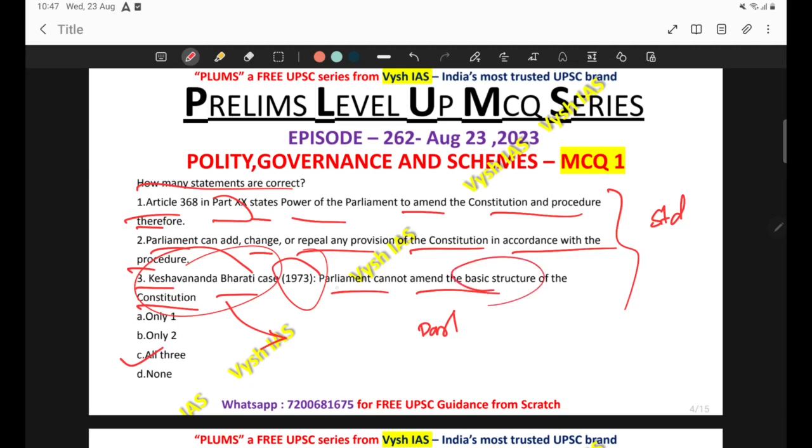Okay, so Keshavananda Bharati case is something related to basic structure, but then there are some other important cases also which are related to this basic structure only, and you have to know the timeline of which comes first. There is a timeline of the cases in which the provisions relating to basic structure also got improved and improvised.